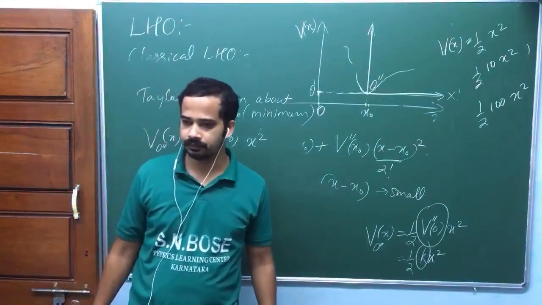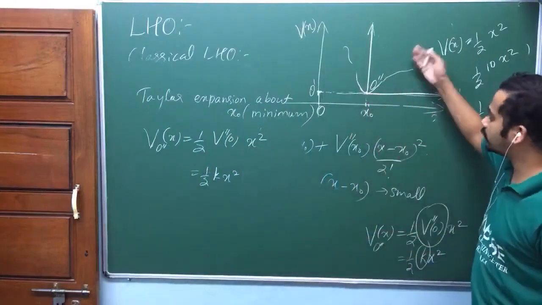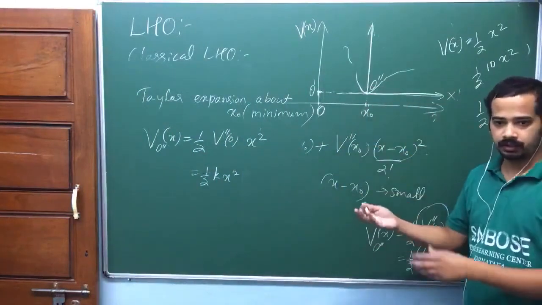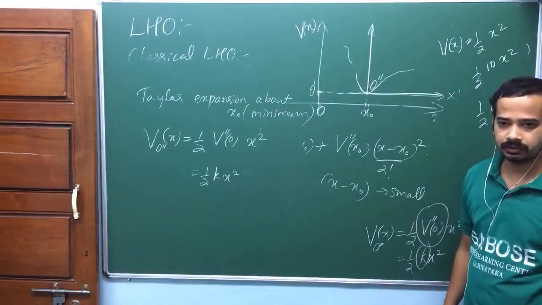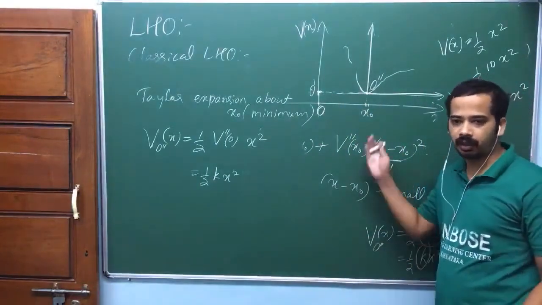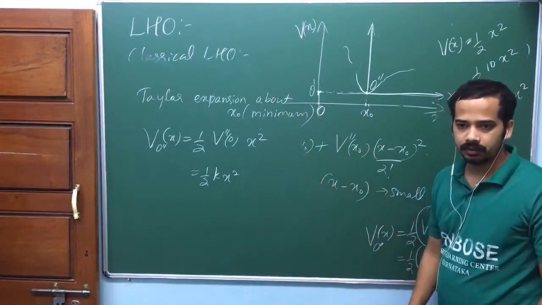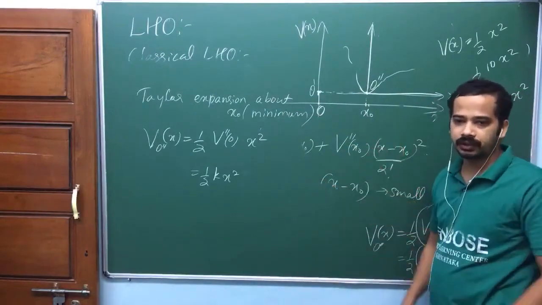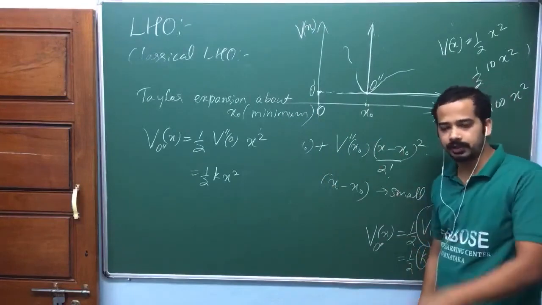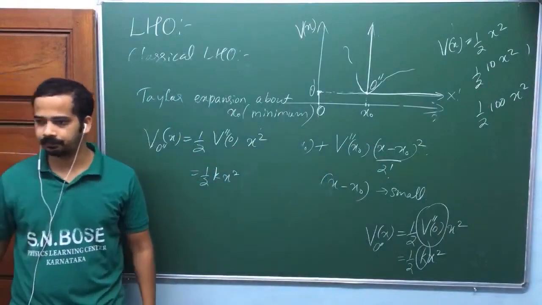This deviation from harmonicity, we call anharmonicity. If you set a very big oscillation, that may be anharmonic. That may not follow half kx square. That may not follow Hooke's law. But if you set small oscillation about minima, that will be simple harmonic, and for that we can apply all of our theory.